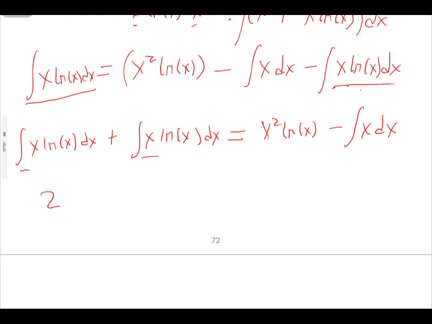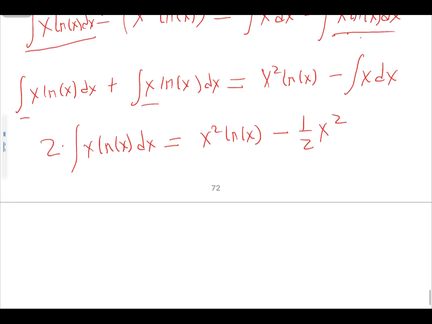Adding these two, we are going to get 2 times the integral of x ln x dx, which is equal to x squared ln x minus integral of x dx. We are going to get 1 over 2 x squared.